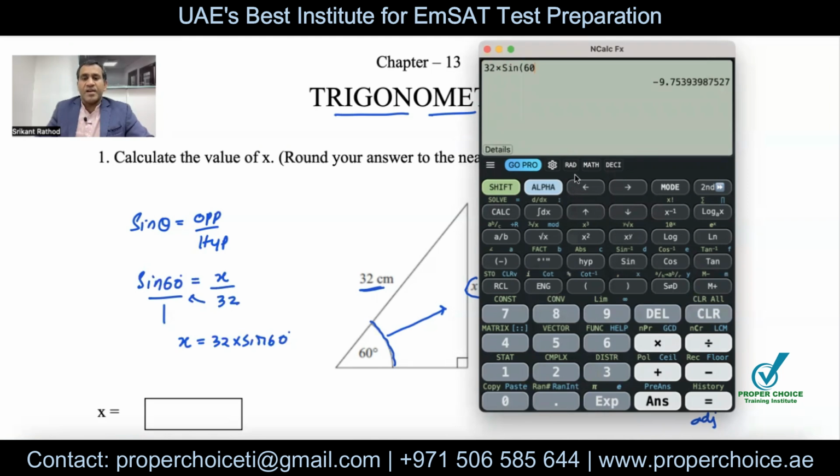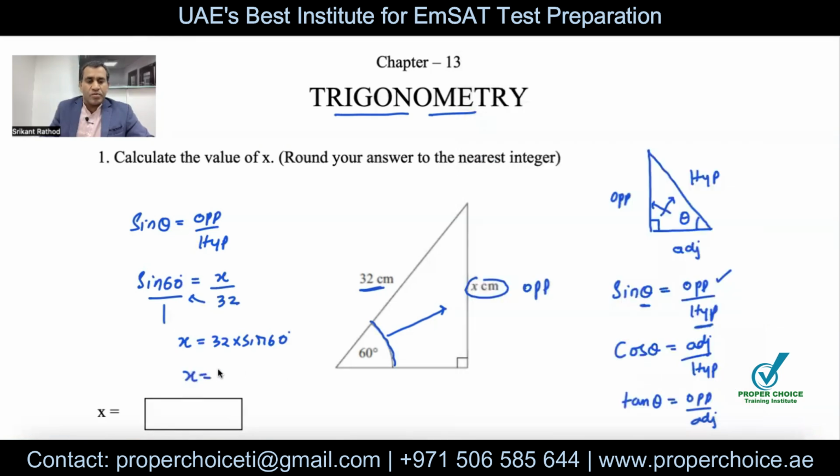Sorry, my calculator is in radian. The calculator mode should be degree, because the question has given us the angle in degrees. If it is in radians, you can keep it in radian. So you have to change the mode based on the angle given. Here I'm getting 32 sine 60 equals 27.71.